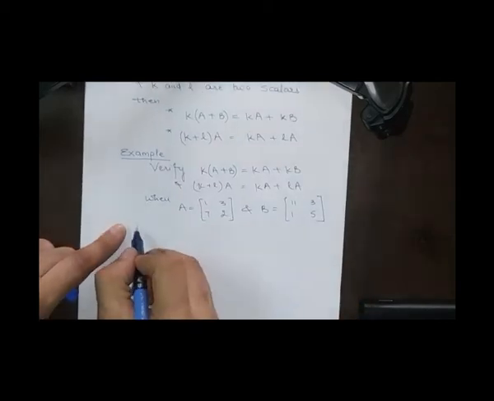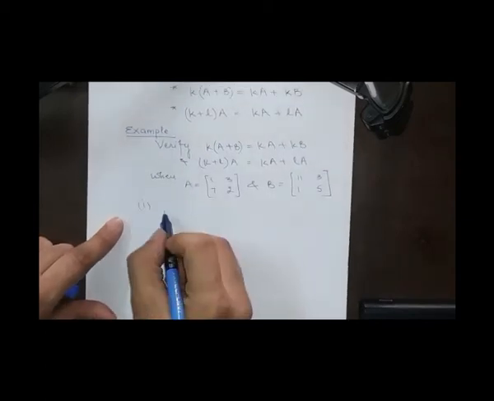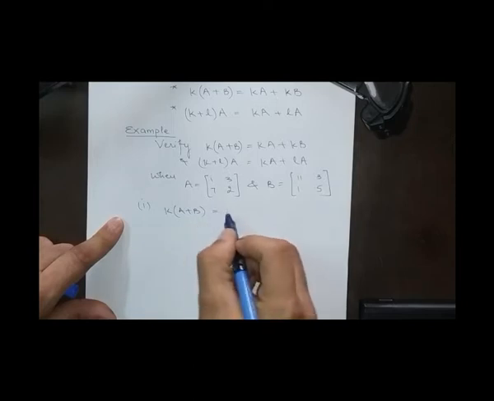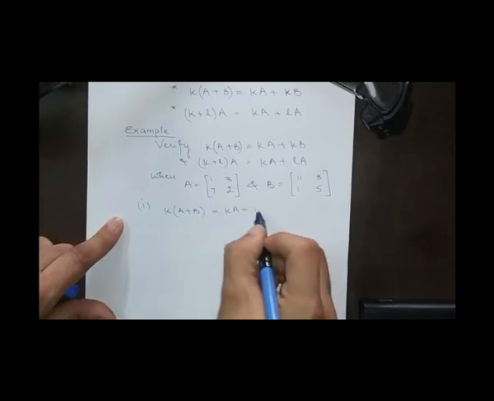So the first property says k(A plus B) is equal to kA plus kB.